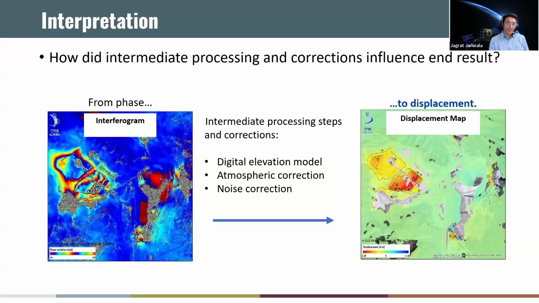So the civil engineer needs to communicate and be on the same page with respect to what digital elevation model was used. Is it the latest and greatest? If there were small areas where filling was done or excavation was performed, which would change the surface, that needs to be communicated to the InSAR engineer.